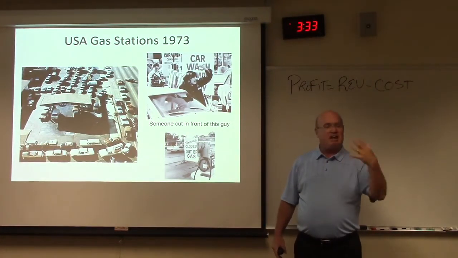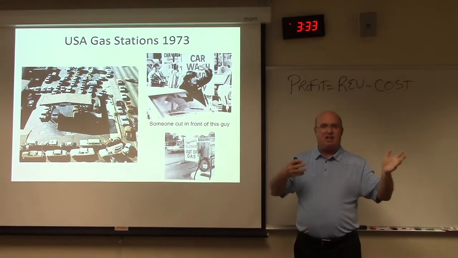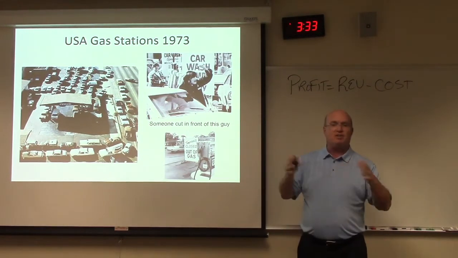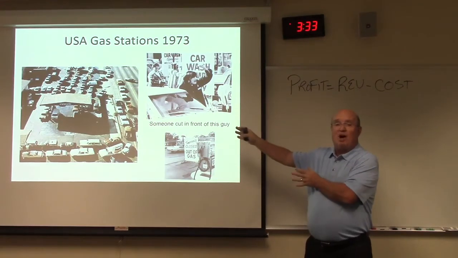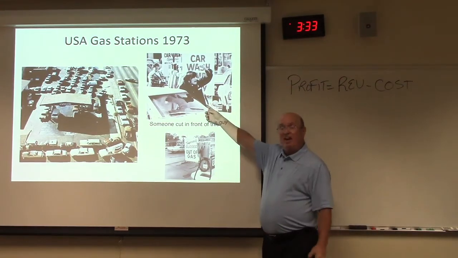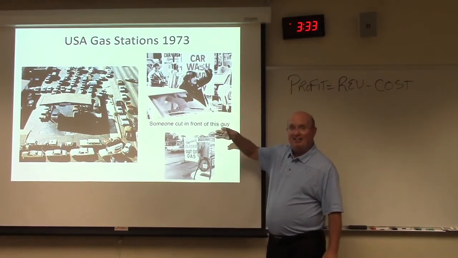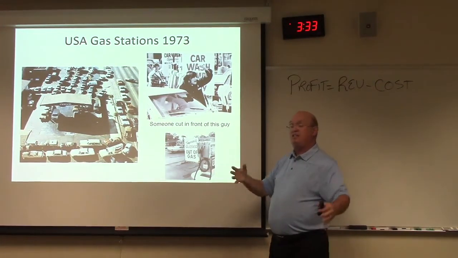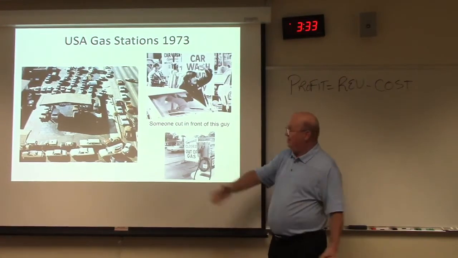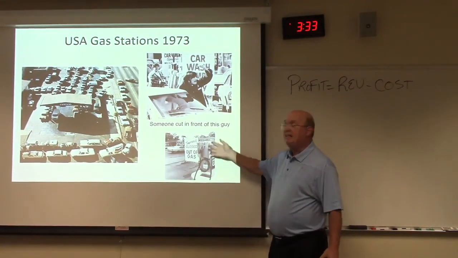Monday, Wednesday, and Friday was even, and Tuesday, Thursday, Saturday was odd, or vice versa. And if you got in line with the wrong license plate, you actually had people getting shot. A lot of gas stations were just closed because they didn't have the gas.